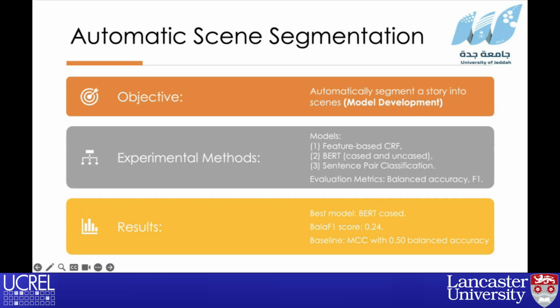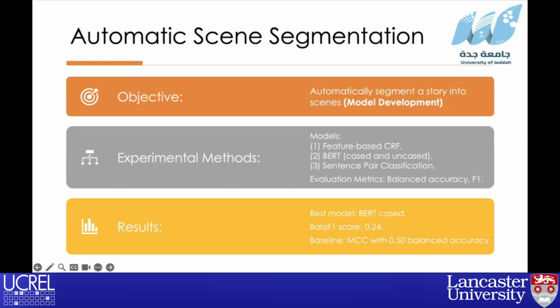And the third model was sentence pair classification. Here we treated the problem as a sentence pair classification, in which the model is given 2 sentences and predicts one label for the relation between these 2 sentences. We used sentence pair classification to capture as many contexts as we can.